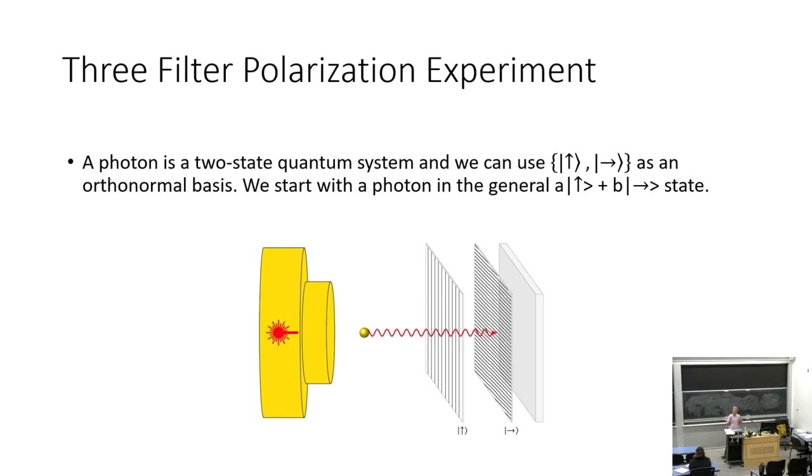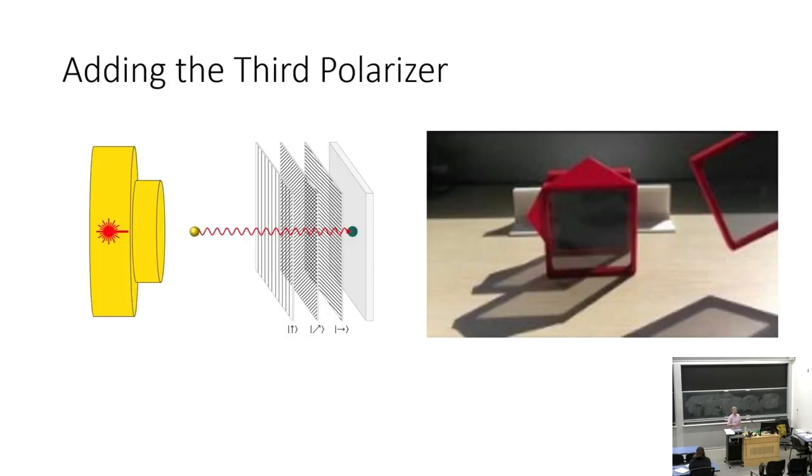And similarly, a horizontal polarization filter will absorb the photon with probability B squared and pass it through with probability A squared. And so an up filter followed by a horizontal filter will absorb all the photons. Nothing comes through, just like our 1 and 0 blocker system.